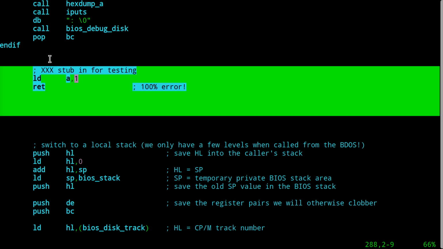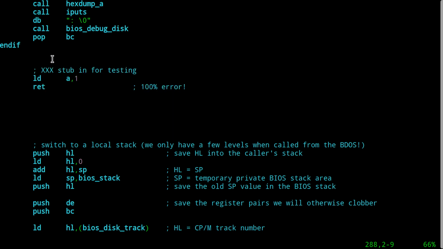The reason I do this is I'm probably going to make mistakes, all right? And I don't want it to get real confusing by writing garbage over the disk and then trying to figure out why I'm reading garbage back from the disk while we're testing, okay? So, newsflash, first draft, don't write anything to the SD card.